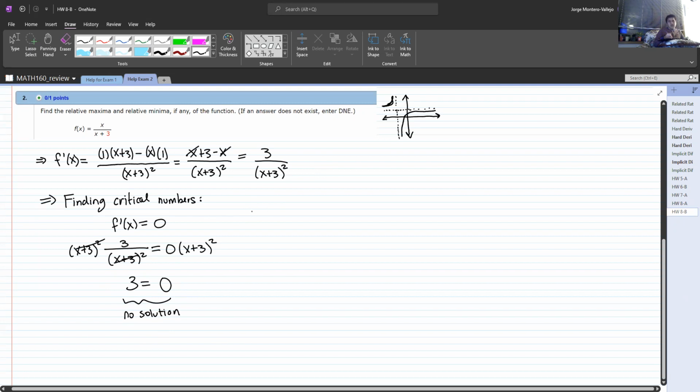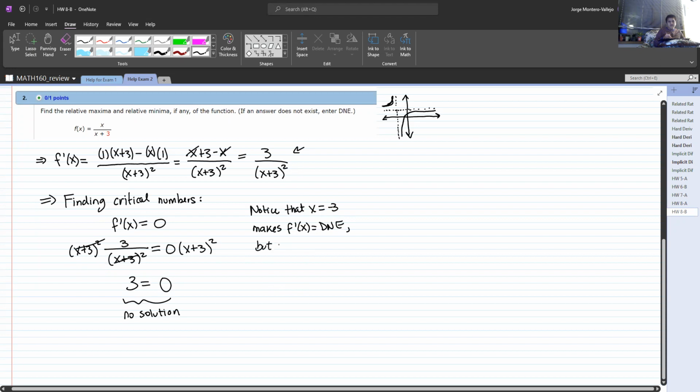Notice that x equals -3 makes the derivative not exist, because when you plug in -3 for x, you get 3 divided by 0, which is infinity, or not a number. But the detail is that the x value -3 is not in the domain of f of x.